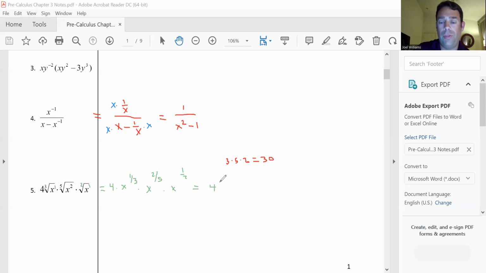So instead of 1/3, I could use 10 over 30ths. All righty. And then instead of 2/5, if I put that over 30, I'd have 12 over 30.